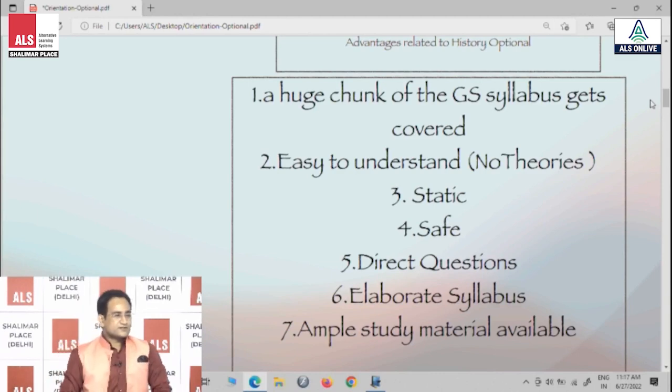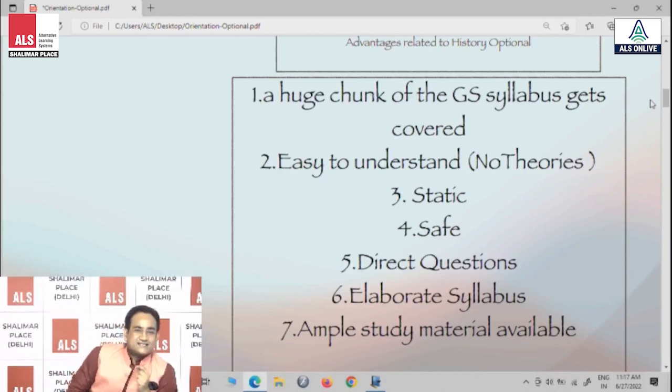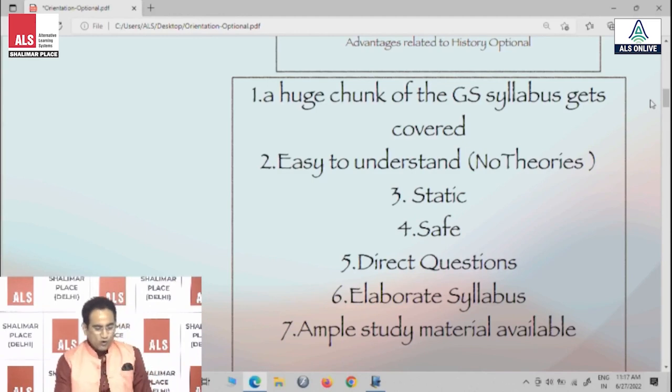Are you convinced? Yes. Now, the second advantage of history optional is that it is very simple. Right? It is easy to understand. You don't have theories in history, unlike sociology, anthropology, or any other subject. There you have theories, this perspective, that perspective, functionalist, conflictist. Are you getting it?